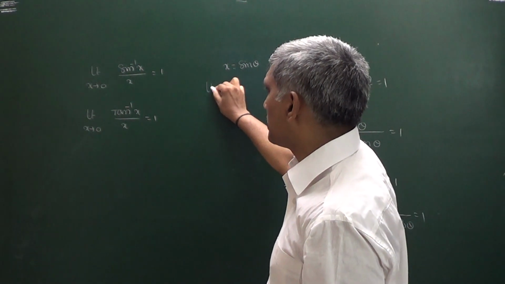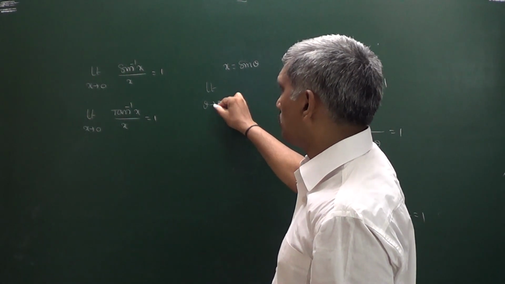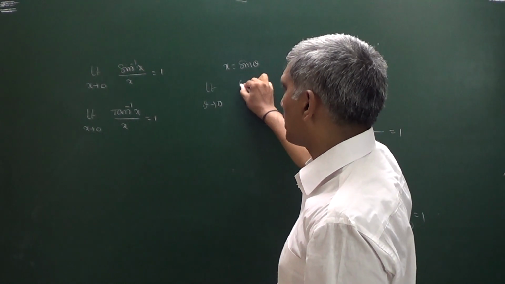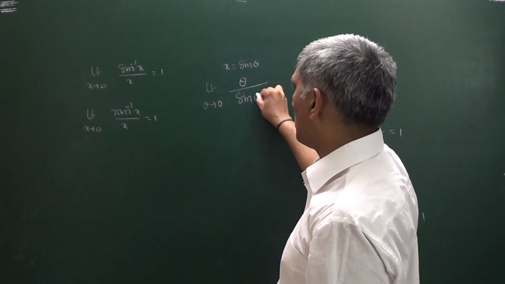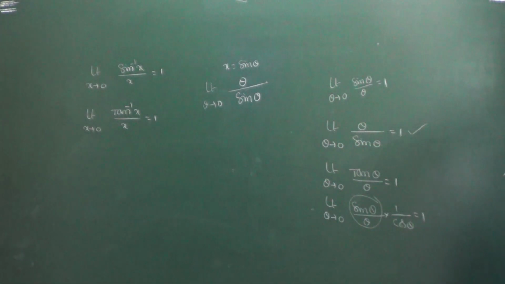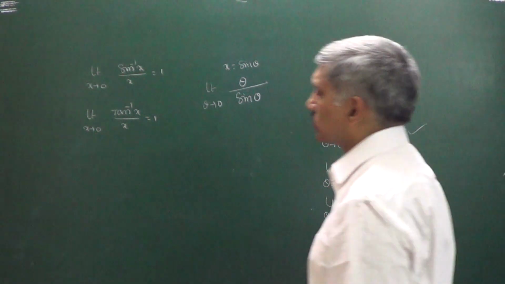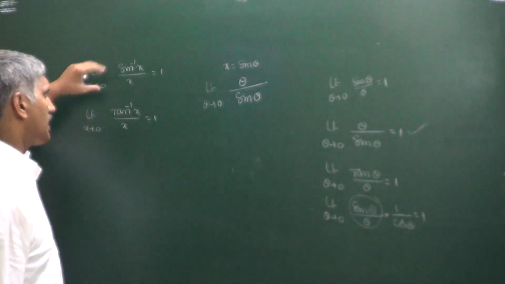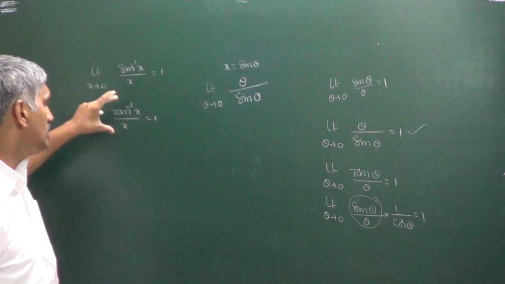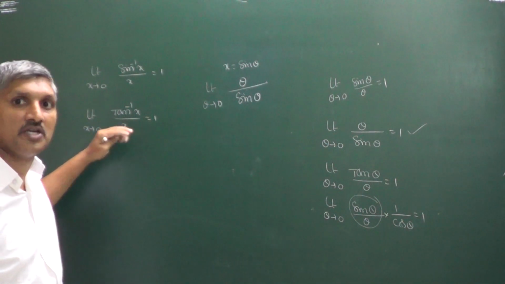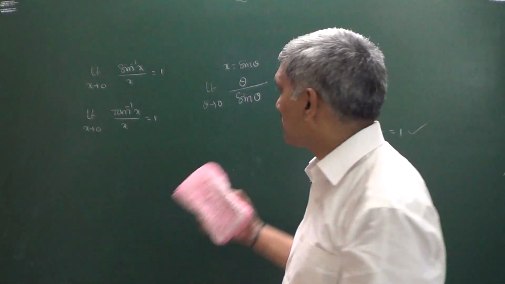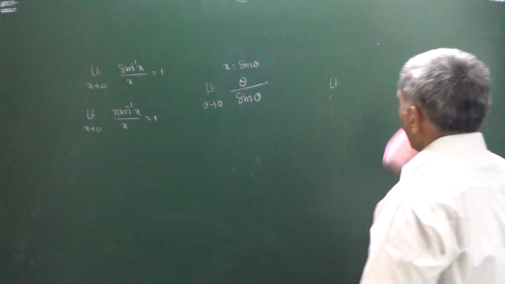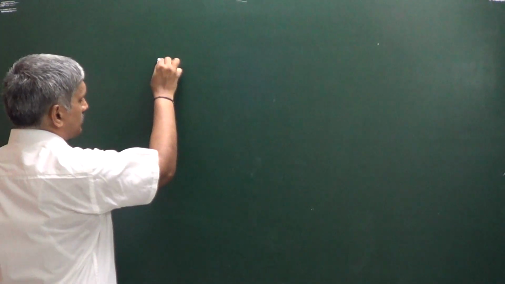That's why the question changes as theta tends to 0. In place of sin inverse x we write theta, divided by, in place of x, we write sin theta. As we discussed, theta by sin theta is equal to 1. So limit x tends to 0 sin inverse x by x is equal to 1, tan inverse x by x is equal to 1, x by tan inverse x is also 1, x by sin inverse x is also equal to 1.